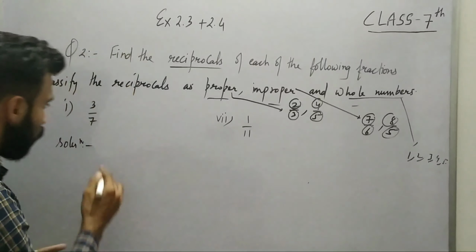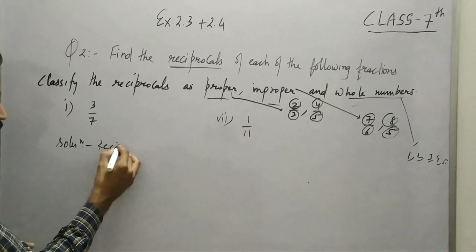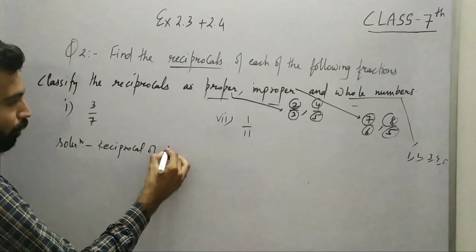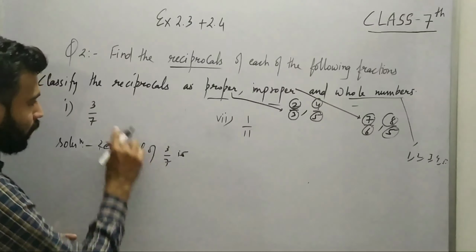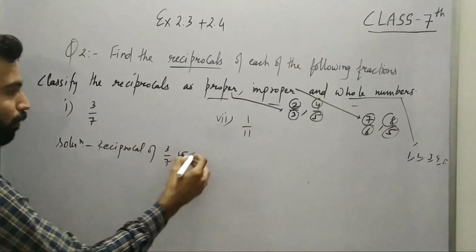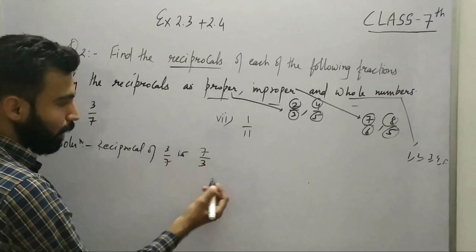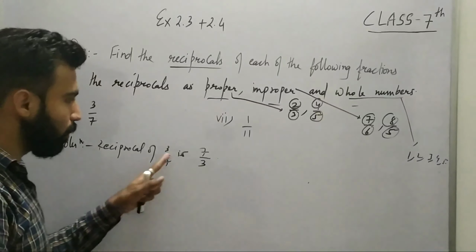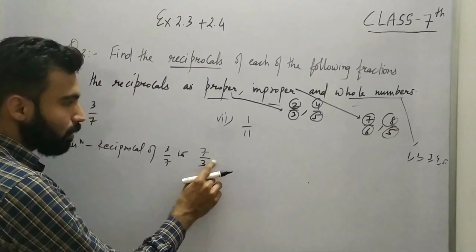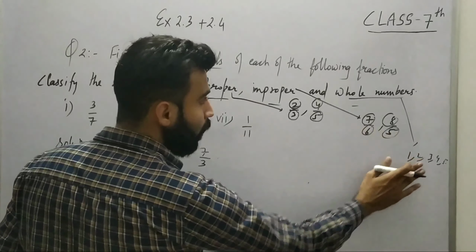First step is the reciprocal you have to find out. So reciprocal of 3 by 7 is, just interchange the numerator and denominator. So keep 7 on the numerator and 3 as the denominator. So this is the reciprocal of 3 by 7. Just as simple as that. Now you have to tell whether this is a proper, improper or whole number.